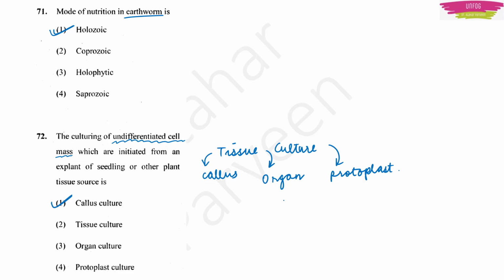That is known as organ culture. Now protoplast culturing means a cell without the cell wall. It is known as the protoplast, and it is cultured in in vitro conditions again. So that is known as protoplast culture. But according to our question, callus culture is the right answer.